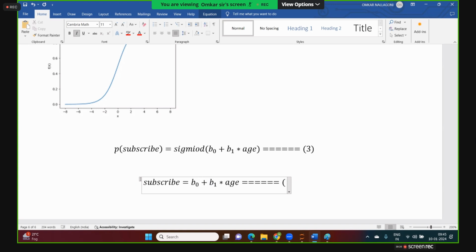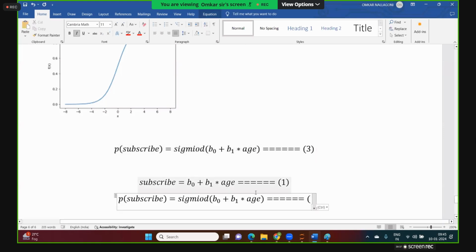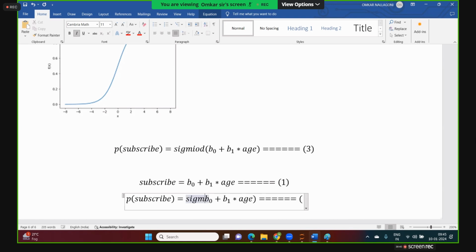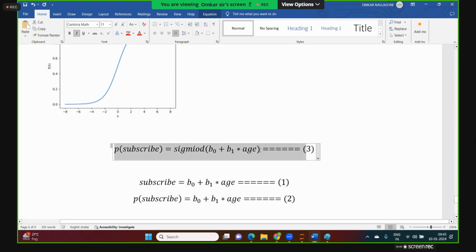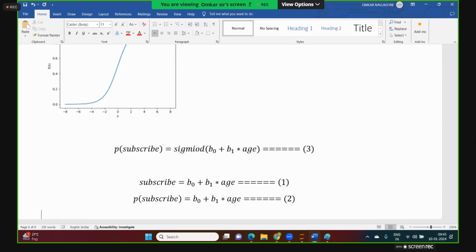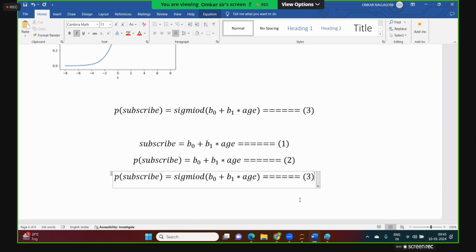The second equation: probability of subscribe equals beta naught plus beta 1 into h. And the third equation: probability of subscribe equals sigmoid of beta naught plus beta 1 into h.